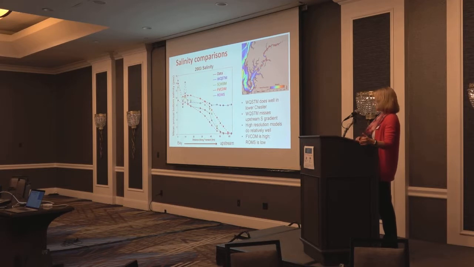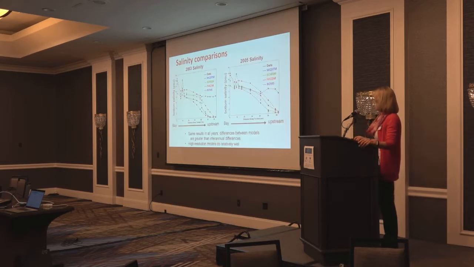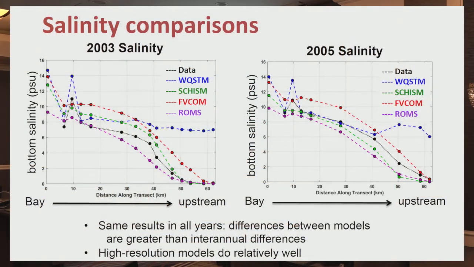So although the regulatory model misses the salinity gradient, the other high resolution models all do similarly well. FVCOM is a little high, RONS is a little low, but generally they do very well. And just to show that this is not a unique feature of 2003, on the right here I have results for 2005 as well. And again, we see very similar results, with the high resolution models really being able to simulate this salinity gradient quite well.